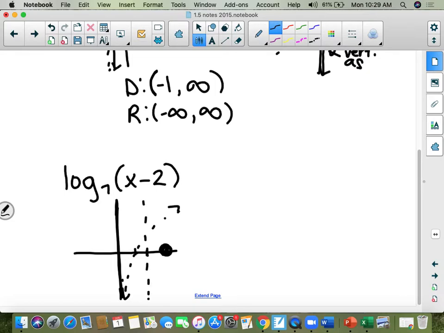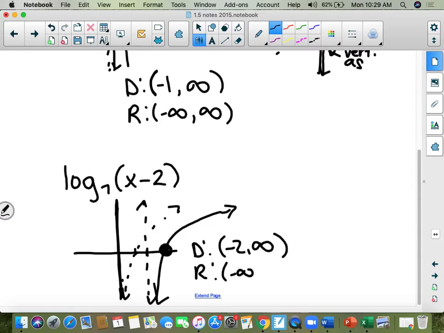So now it's here. And then I'm going to make my log. Again, what's my domain? From 2 to infinity, and my range is negative infinity to positive infinity. I'm shifting it to the right or to the left depending on what's inside of there.